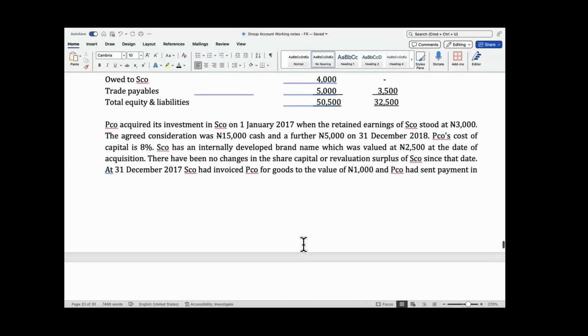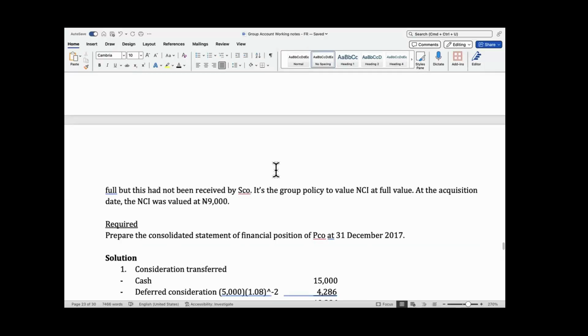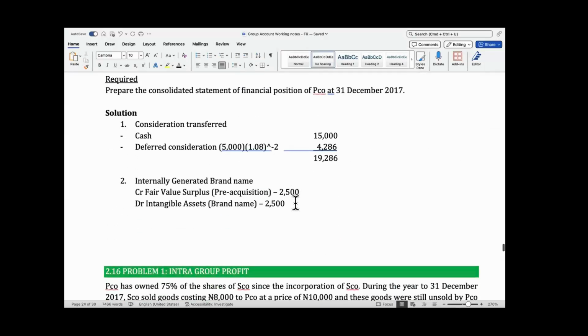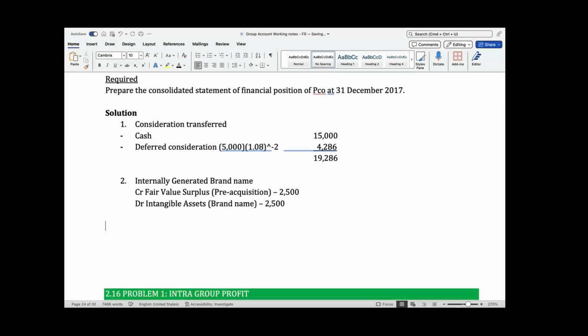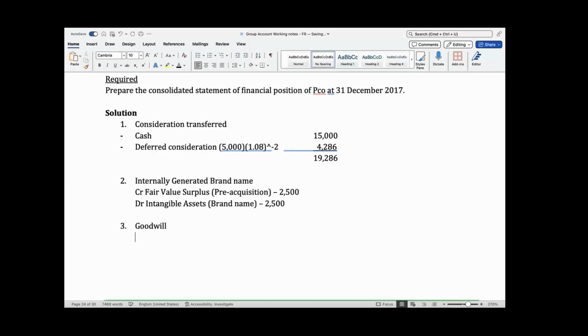Okay. So we have resolved this as well. And there are no other workings again, so I can do my cancellation, which is my goodwill. My consideration transferred is 19,286.